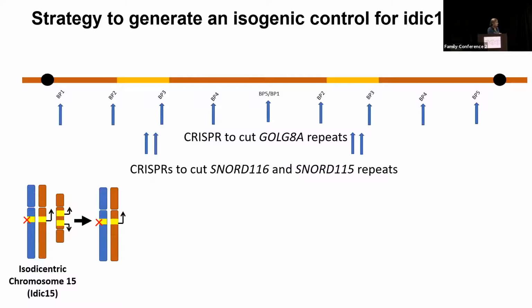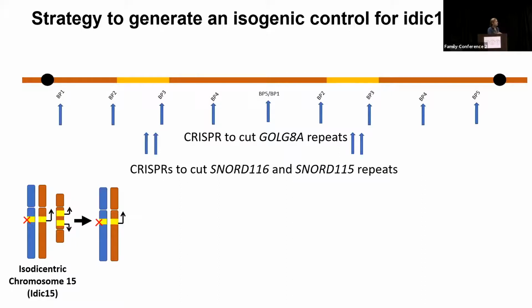So we started with our CRISPR that cuts in the Golgi 8 repeats, these repeats. And so I just want to point out quickly that this is an idic chromosome. Those two black circles represent the centromeres, right? The dicentric pieces. And so there are actually many sites for that CRISPR on an idic chromosome. On top of that, we added an extra shredder.